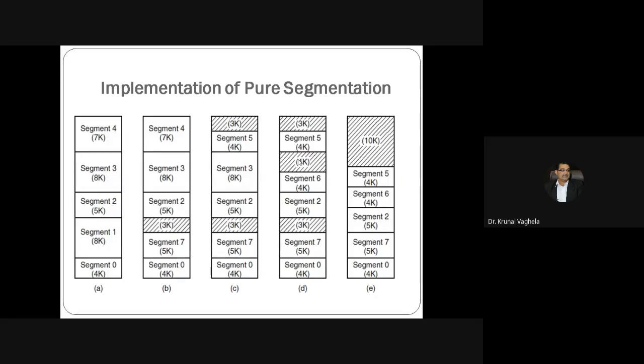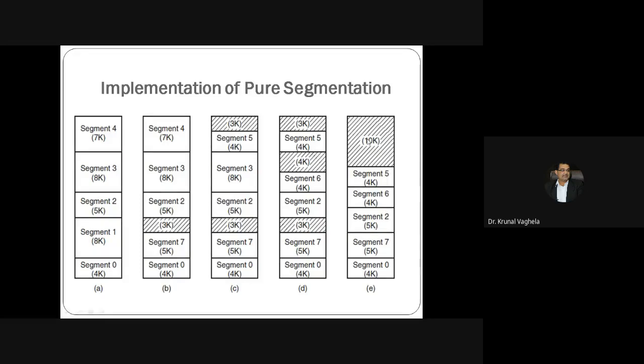After some time, using a compaction technique, all the holes can be combined. The operating system will combine all the holes by moving segments, because each segment is independent of the others, so just the address mapping needs to be changed. So the order is 0, 7, 2, 6, 5.